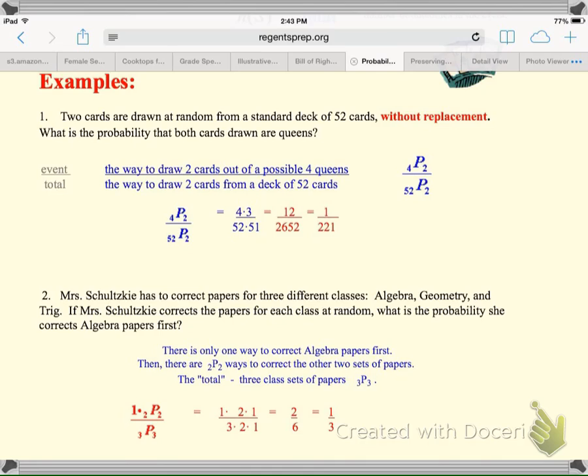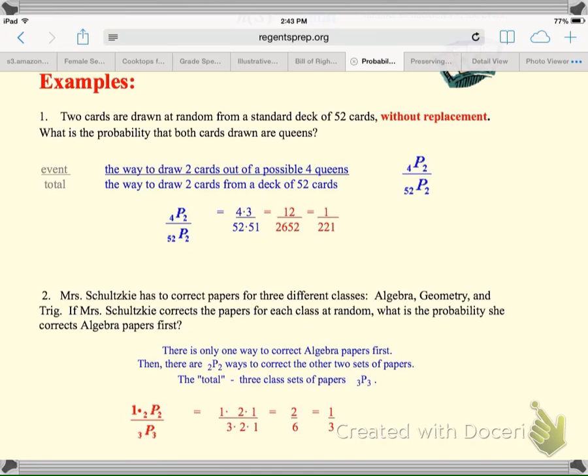The total 3 sets of papers, 3p3. So they're showing you that you have 1 times 2p2, because there's only one way to correct the algebra papers first, divided by 3p3. So 1 times 2 times 1, over 3 times 2 times 1, which is 1/3.